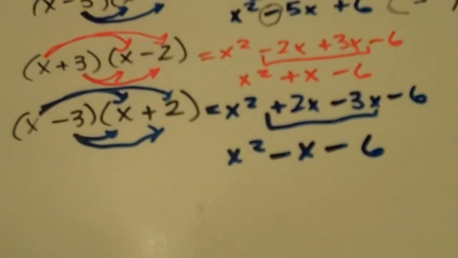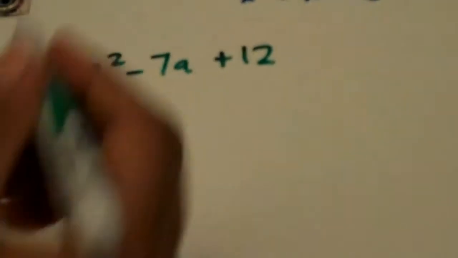Now, let's try using some trinomials and seeing how we can factor those. So we have, for example, a squared minus 7a plus 12. One technique to factoring is looking at the first term.